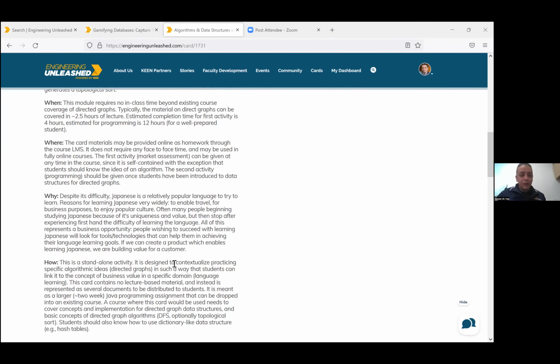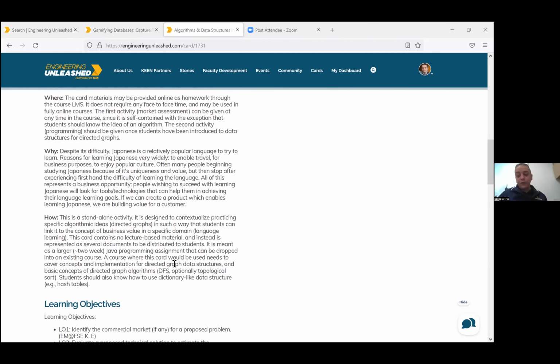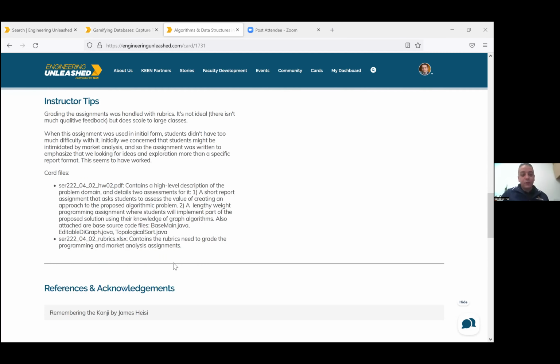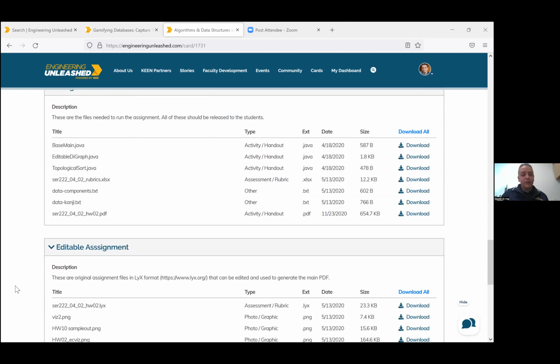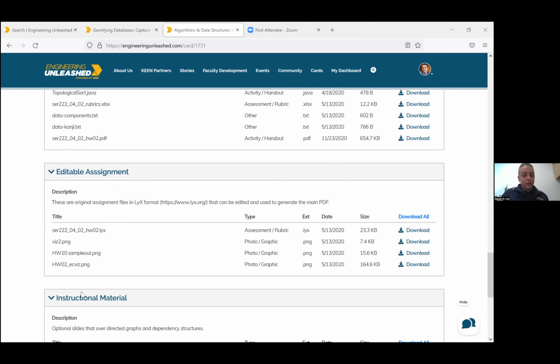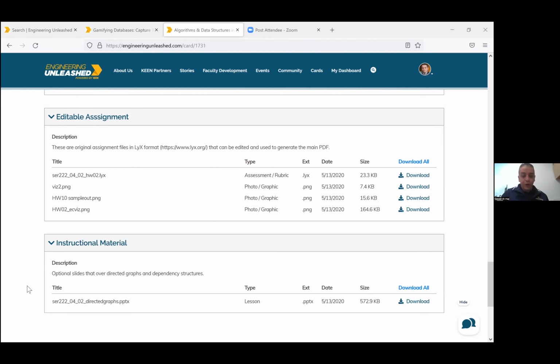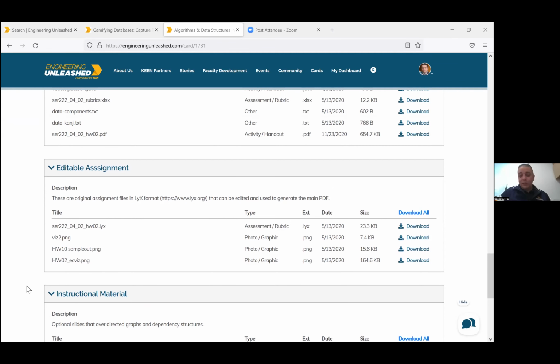So this is a great card, a lot of details, and also a lot of resources. Like if you go to the folder here, there are the assignment files, editable files. So Dr. Acuna did a great job to make it, just use it. But the challenge for me is I don't know Japanese.